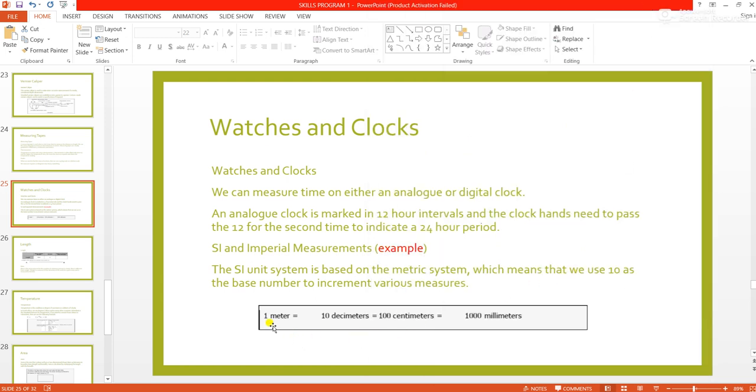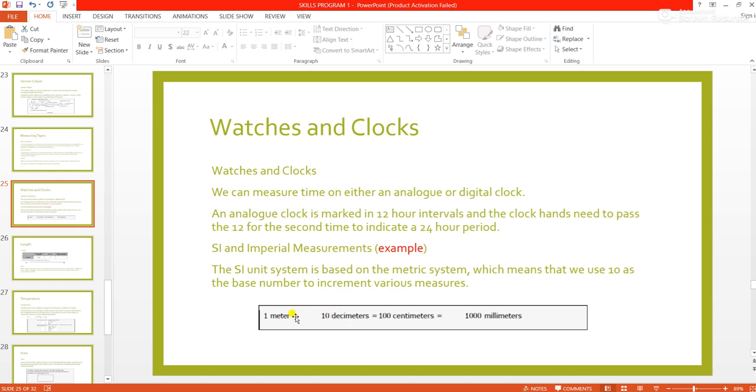So this is just a basic formula in terms of how to convert from meters to decimeter, decimeter to centimeters, from centimeters to millimeters. What you need to understand in this basic formula in mathematics, when you go to the right, you times everything. So from meters to decimeters, you have to times that by 10.